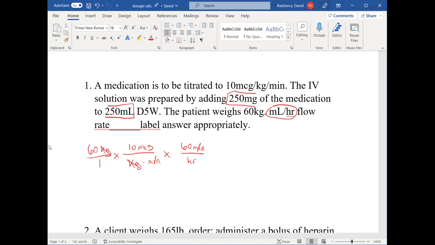So I need to make a conversion. Now, instead of complicating things even more, I would say make that conversion now, going from micrograms to milligrams. And then you should know that 1 milligram is 1,000 micrograms, or that there's 1,000 micrograms in 1 milligram.